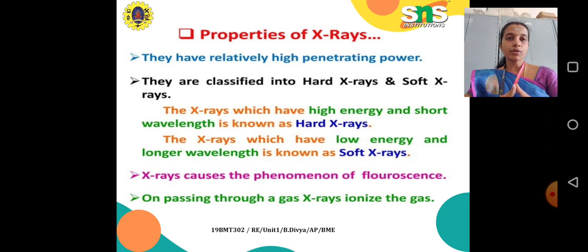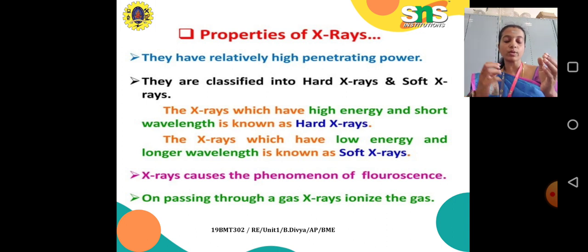In this video, we are going to see about properties of X-rays. The X-rays are produced by electron beams. In the previous video we have seen how the X-rays are produced by the cathode and anode.